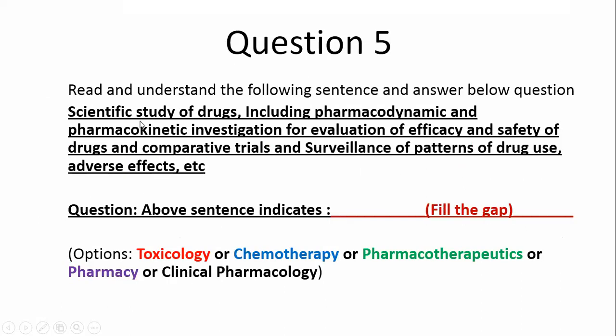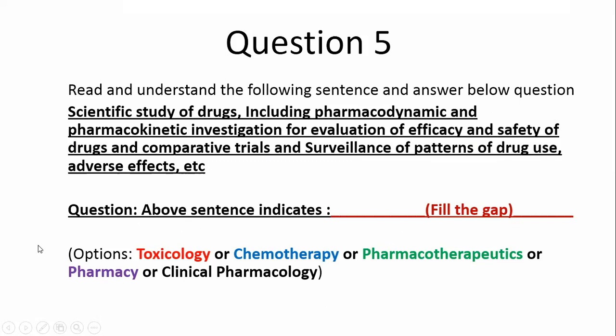Next question. Read and understand the following sentence and answer the question. Scientific study of drugs, including pharmacodynamic and pharmacokinetic investigations for evaluation of efficacy and safety of drugs, and comparative trials and surveillance of pattern of drug use and adverse effects. Fill in the gap.